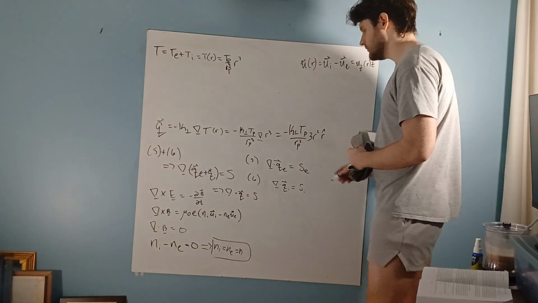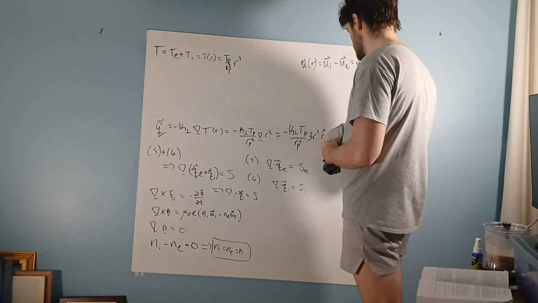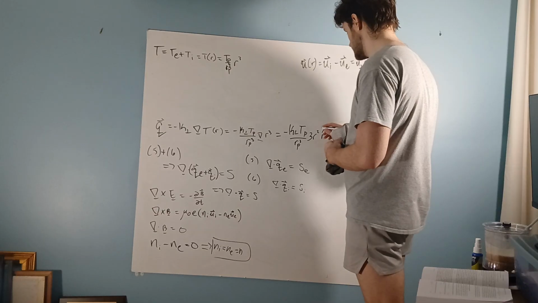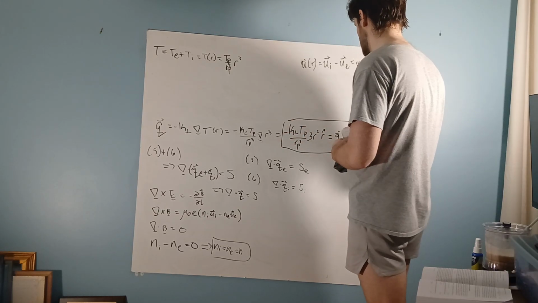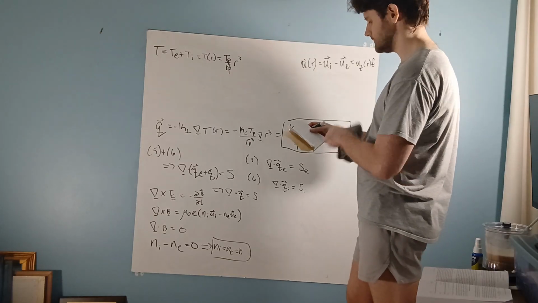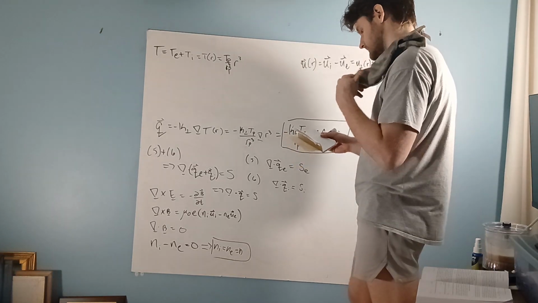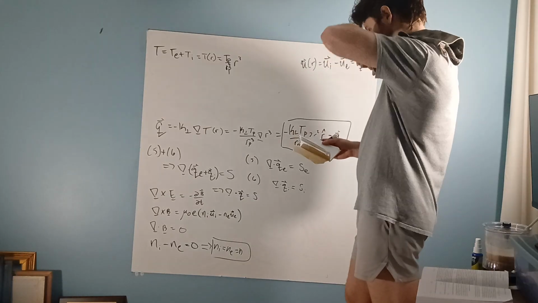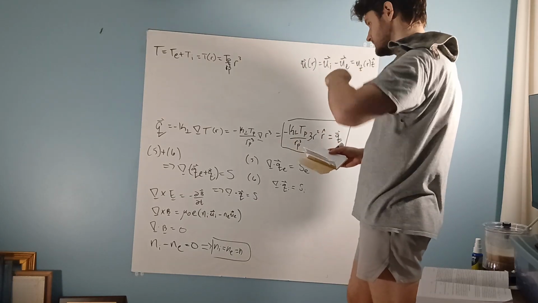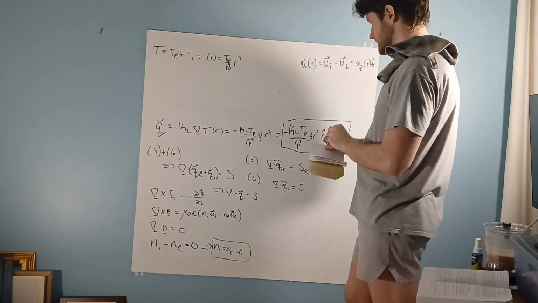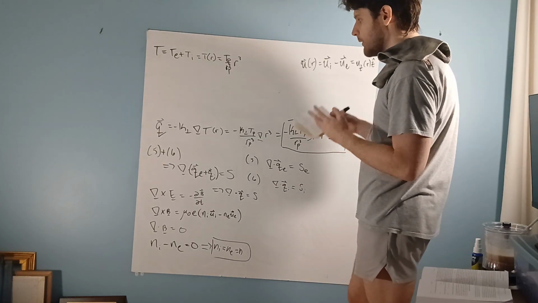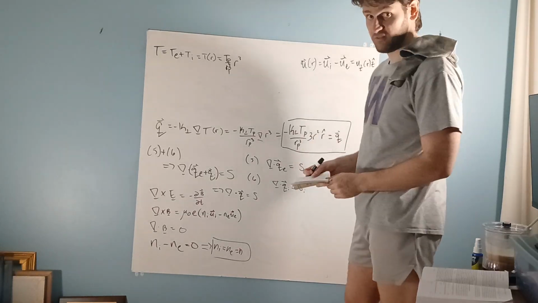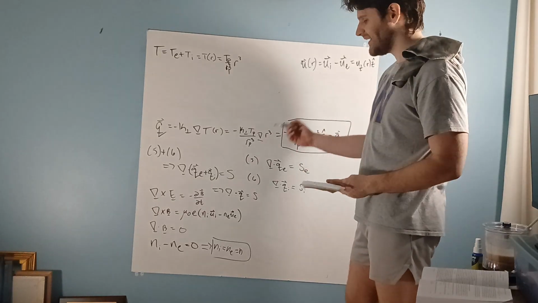So that is our cube. Excellent. But we've got to take the divergence of this and figure out what S is.